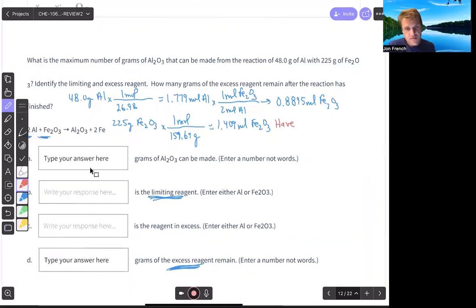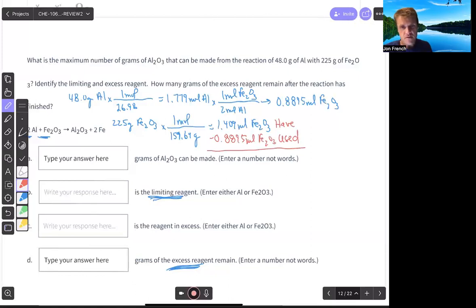So to find the excess reagent, I have 1.4, and 0.8895 moles is how much we're going to use in the reaction.